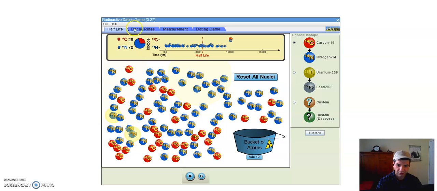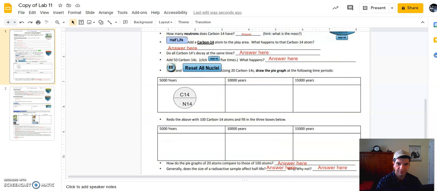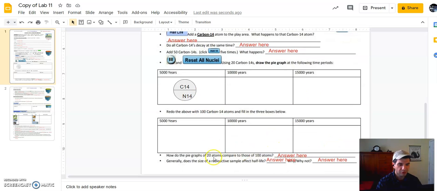That's the pie chart you're going to draw for 10,000. And that's the pie chart you're going to draw for 15,000. Okay, and that was for the 100 carbon atoms. So you should have 6 pie charts drawn at this point.